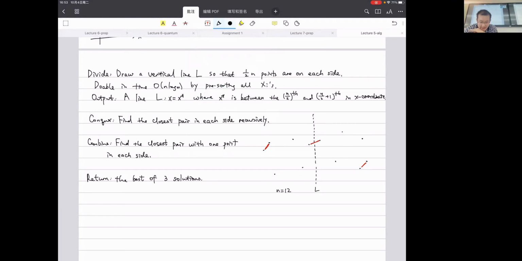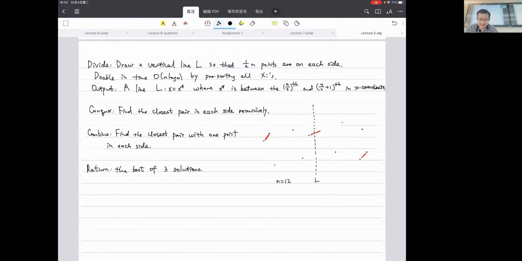Okay, so it seems that the remaining question is the combine. The combine seems to take theta n squared cost in the worst case. Why am I saying that?